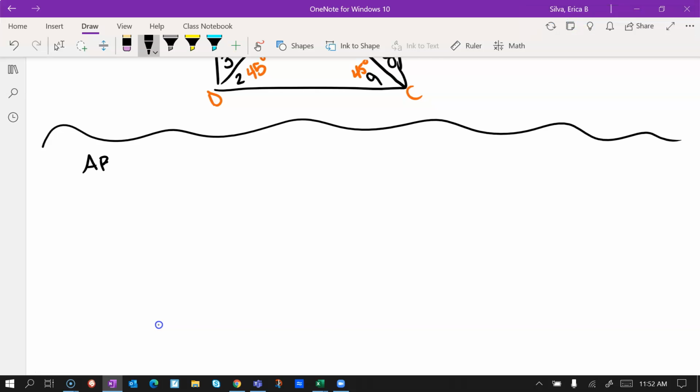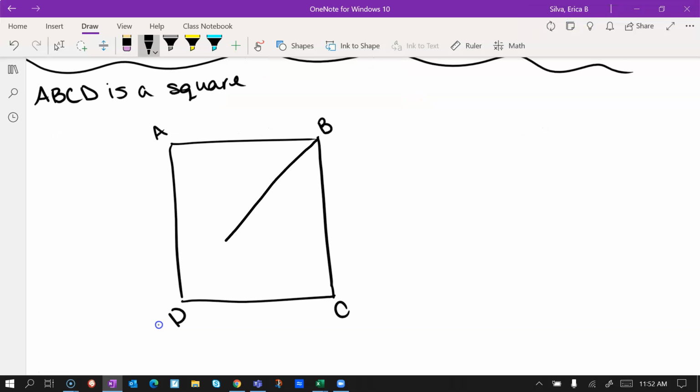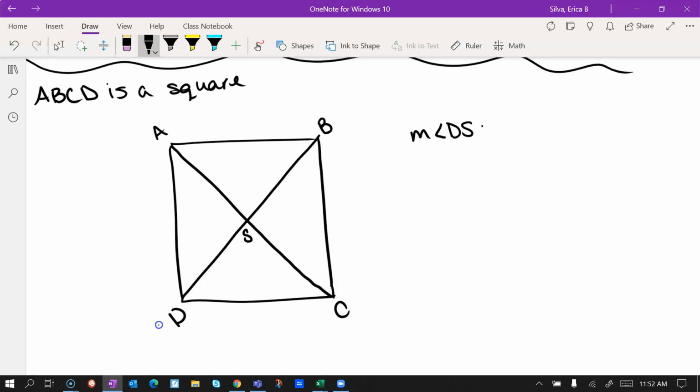We have square ABCD and their diagonals are intersecting at point S. Okay, so first we're going to find the measurement of DSC. Remember when we look at angles, we start at D, the first one that's written, and then we go to S, and then we go to C. So we're looking at this angle right here.